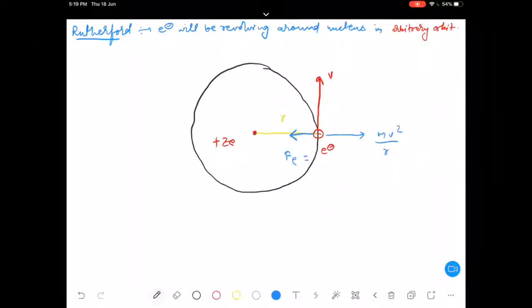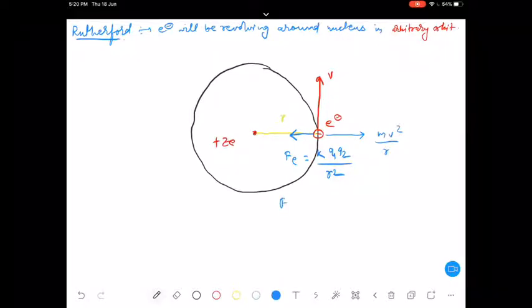Electrostatic force of attraction, which I can write as K Q1 Q2 by R square, similar to gravitational force, where Q1 and Q2 are charges, R is the distance, K is the electrostatic constant, which again I can write as 1 upon 4 pi epsilon naught.